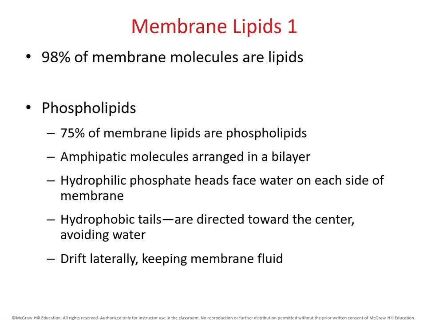Only 2% of the individual molecules would be proteins or carbohydrates. Of all those lipids, 75% would be phospholipids, and they're arranged in a bilayer like we were just talking about, with the hydrophilic heads pointed towards the extracellular matrix and the intracellular matrix.